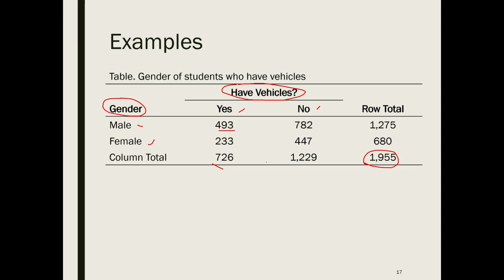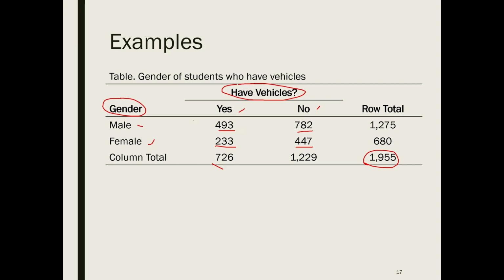How many female students don't have a vehicle? 447. How many male students don't have a vehicle? 782. How many female students have a vehicle? 233, right? So you can see it's very easy to read, and it can put two variables on the same table at the same time.